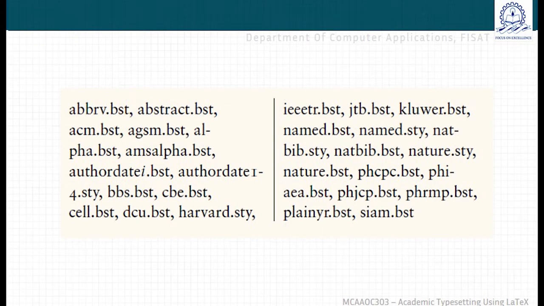Some other examples of style files are abbr.bst, abstract.bst, acm.bst, then nature.bst, harvard.bst, etc. All these are there. Which means various organizations or individuals have developed style files that correspond to the house style of particular journals or editing houses.